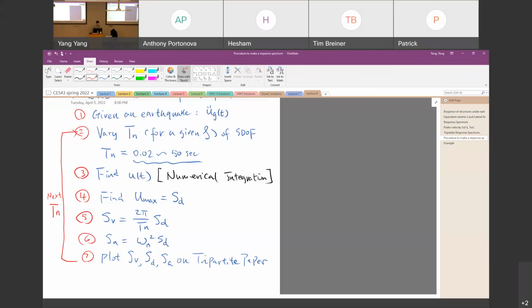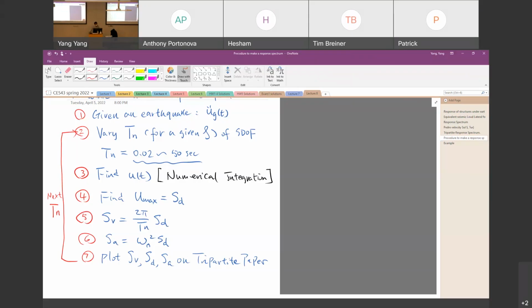Here I would recommend you to vary the Tn based on log values. You have equal log spacing rather than linear spacing there. That means you have log Tn with equal spacing.